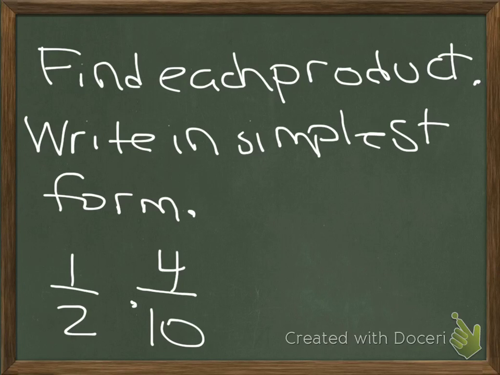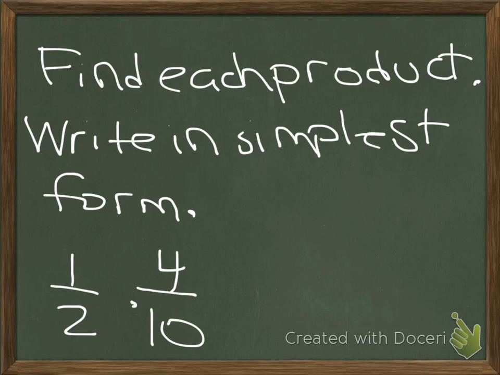When you're multiplying two fractions together, there's two ways to do it. The first way would be, if you can, then you cross simplify, and if you can't, then you would just multiply the numerators and then multiply the denominators and simplify after.